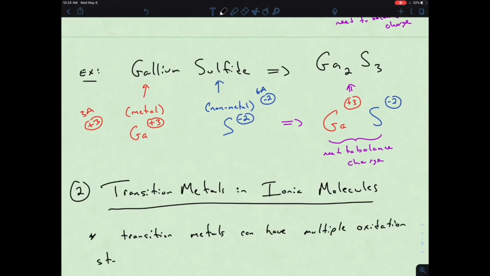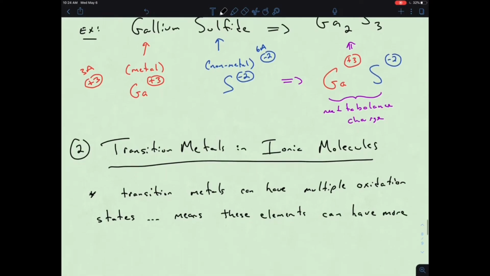And they can have multiple versions of these oxidation states. What does that mean for us? It means these elements can have more than one positive charge, or more than one type of positive charge.